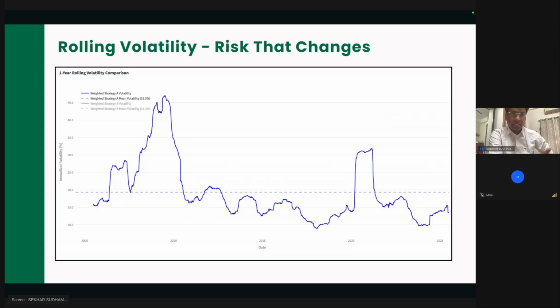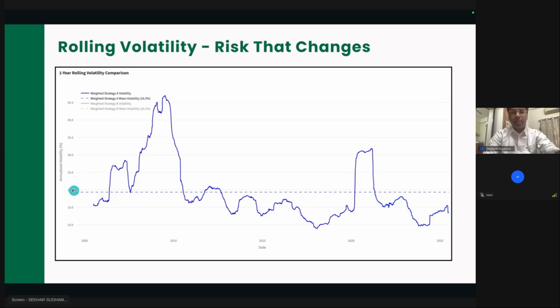Just like returns, volatility is also not a static number. It changes as times change. So you can see the rolling 1 year volatility of Nifty 50. During the peaks of 2005 to 2008, the volatility was spiking. It was almost at the levels of 45-50%, and then it tapered down. The decade of 2000 to 2020 was a relatively flat or low volatile period, and again we saw a spike in volatility during the COVID crash, and then it fell back into its normal range.